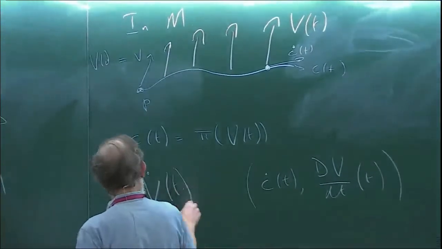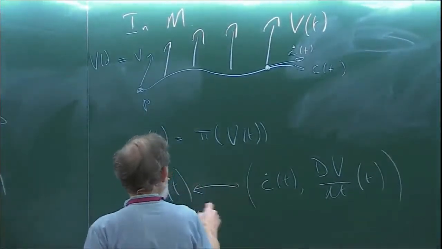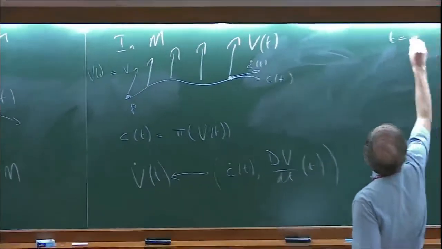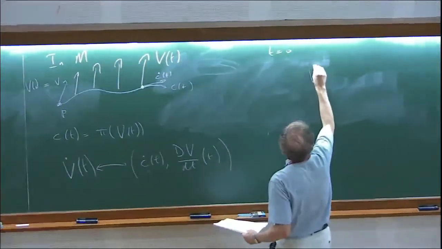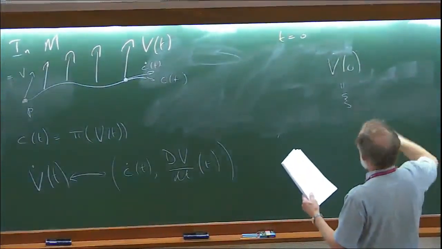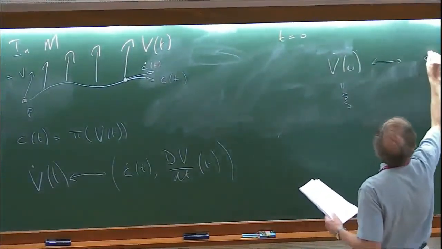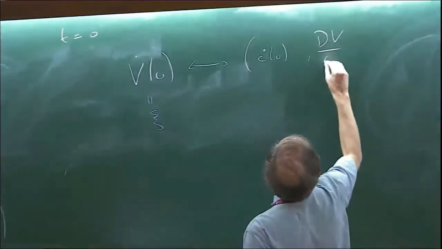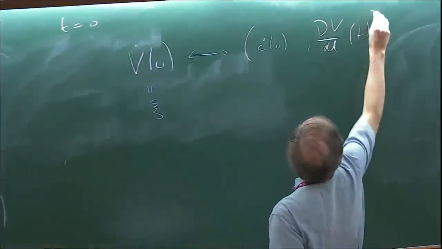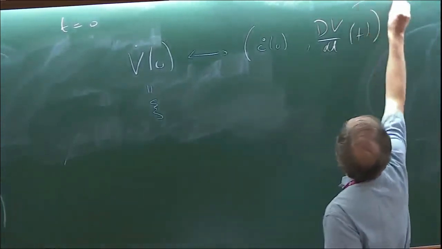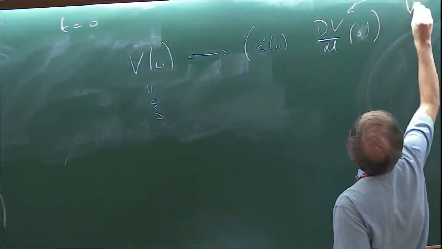But it still fits. So our tangent vector to big V at time t corresponds to this pair of things. And so if I think about t equals 0, I have the initial tangent vector, which was xi, and this corresponds to c dot of 0 and the initial covariant derivative of v, which maybe I could write as v dash at 0.